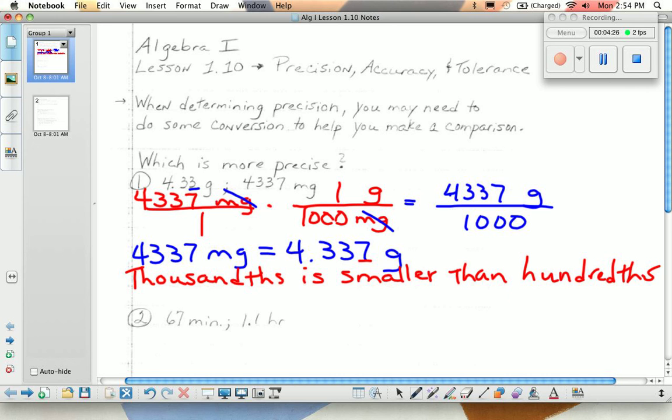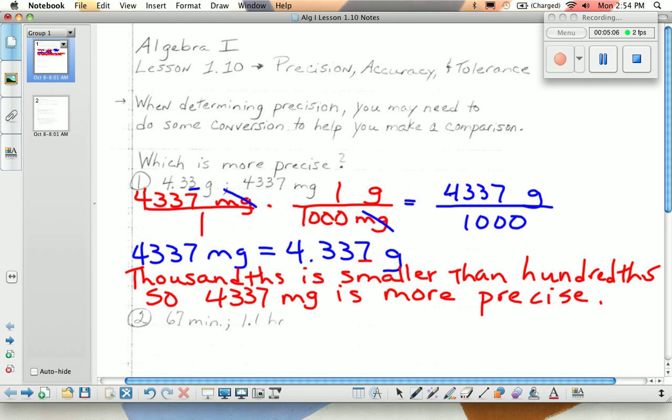So 4,337 milligrams is actually more precisely measured. If we take something out to the thousandths place, we're taking it out to a smaller unit. The further it's taken out, the more precise it's going to be. So the 4,337 milligrams happens to be more precisely measured. Okay, anybody have a question?